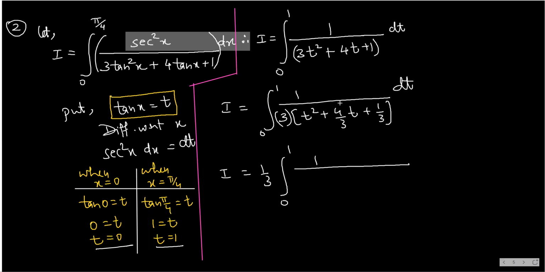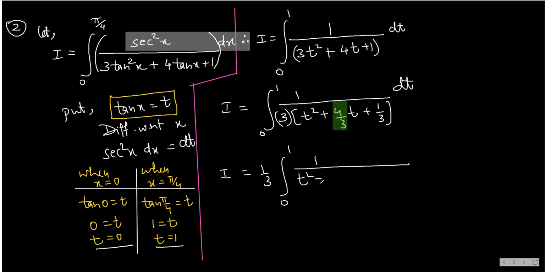We will find out the proper last term. For last term, the formula is half the coefficient of t, so 1 by 2 into 4 by 3, and square of this. So it is actually (2 by 3) square, which is 4 by 9. So the proper last term is 4 upon 9.